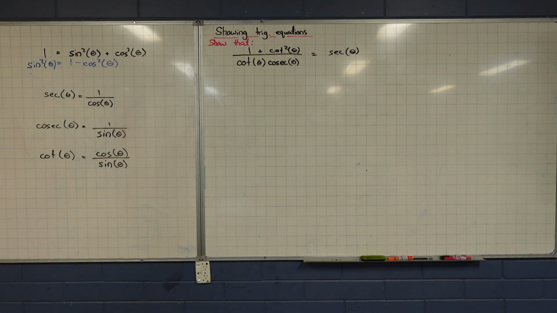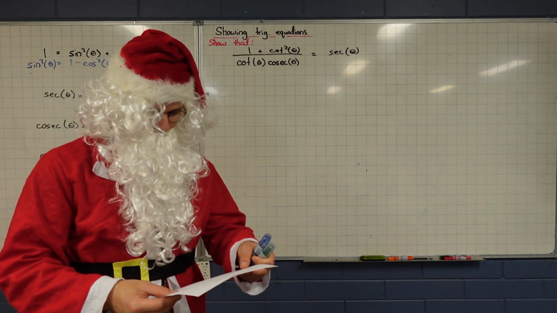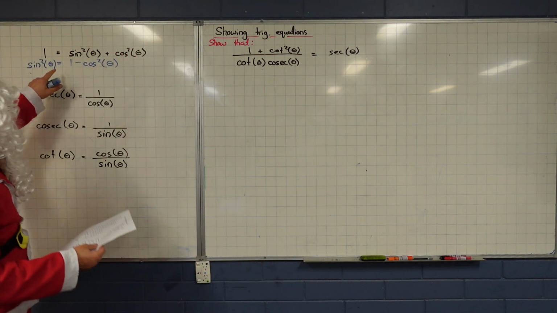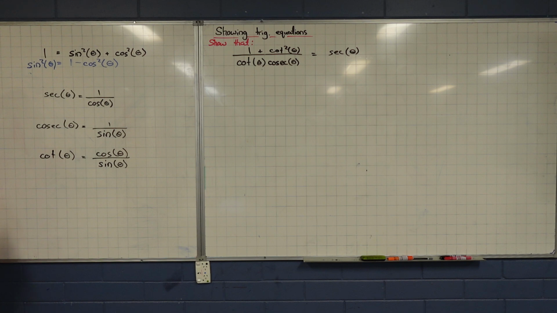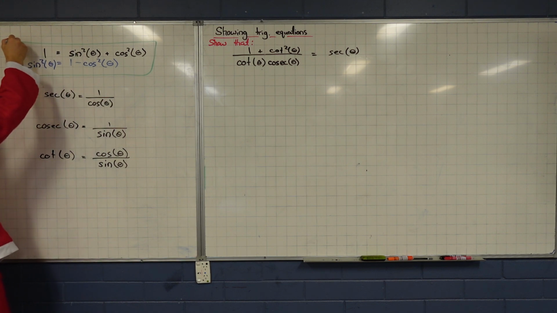So we're lucky because in SACE, we always give you one of these formula sheets. If you look on the top left of the formula sheet, you're going to notice the trig identity that looks similar to this one, and I'll get you to annotate on our sheet as we go. This is called the Pythagorean identity.